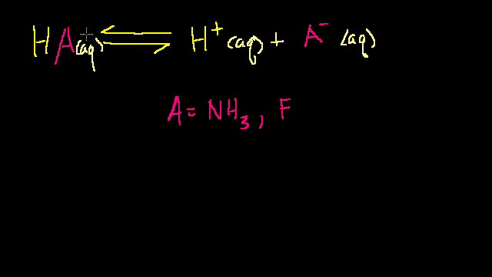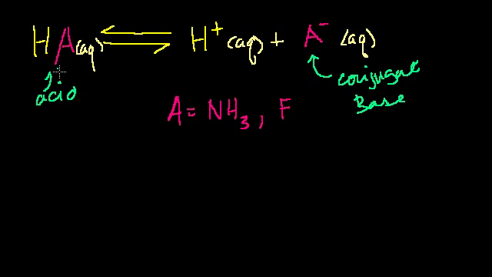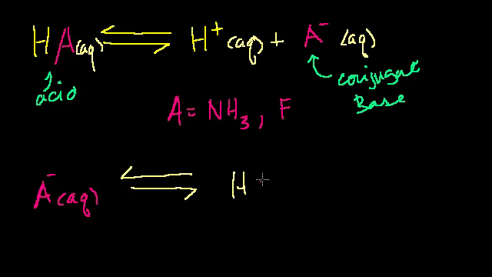So we learned in the last video that if this is the acid, then this is the conjugate base. And we could write the same reaction essentially as more of a basic reaction. So we could say, if I start with A minus in an aqueous solution, that's in equilibrium with, this thing could grab a hydrogen from the surrounding water and become neutral then.